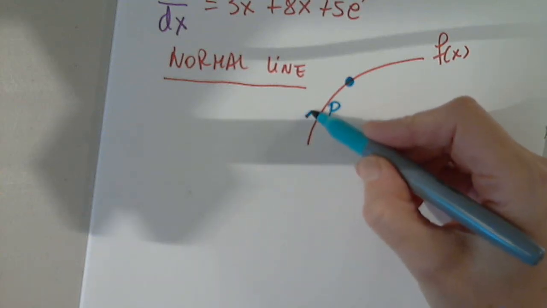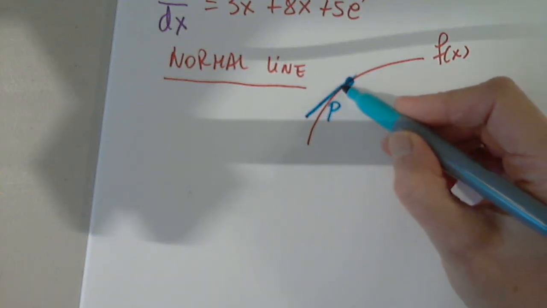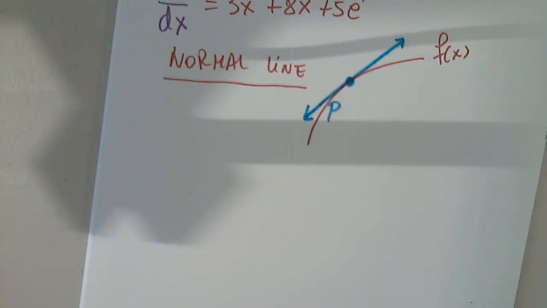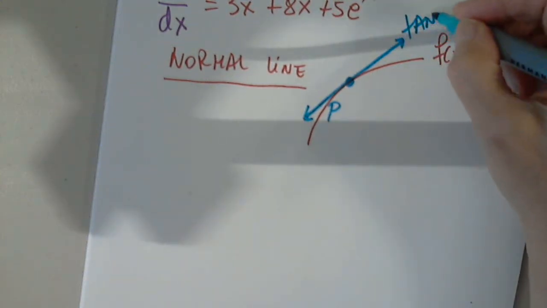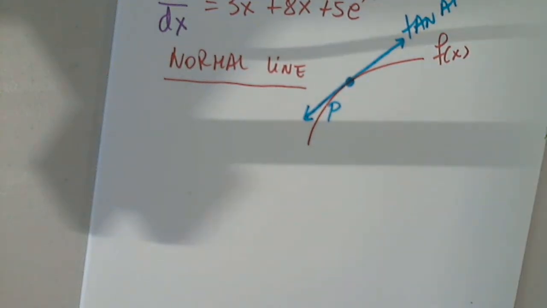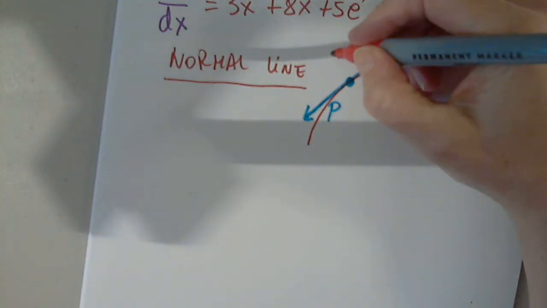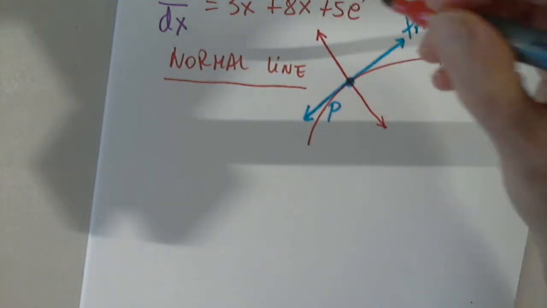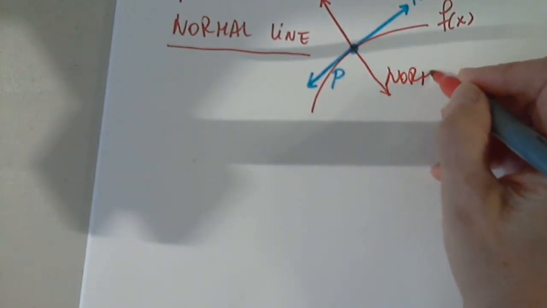And I can draw the tangent line at that point p. So this is tangent at p. And the line that is perpendicular to this one at that same point, this is the normal line.